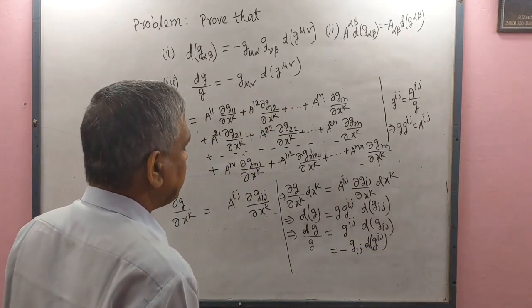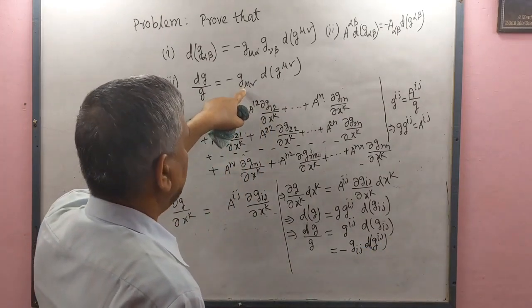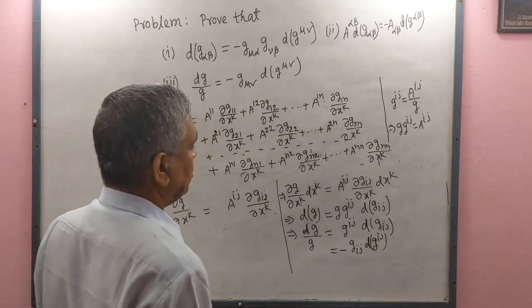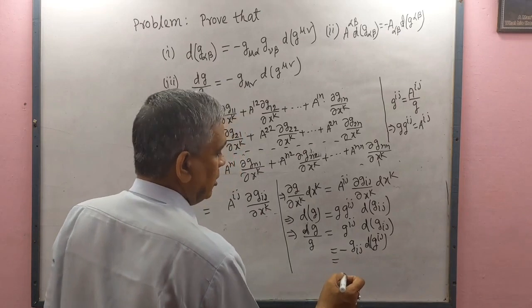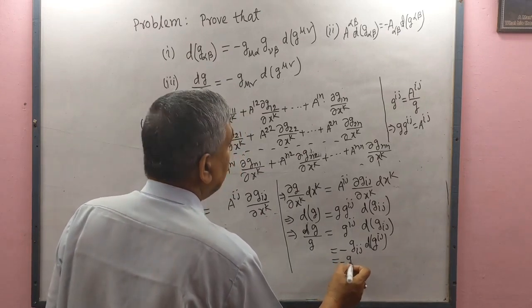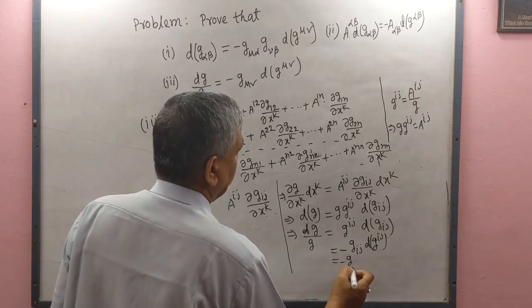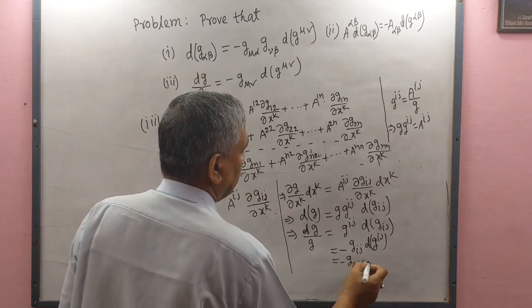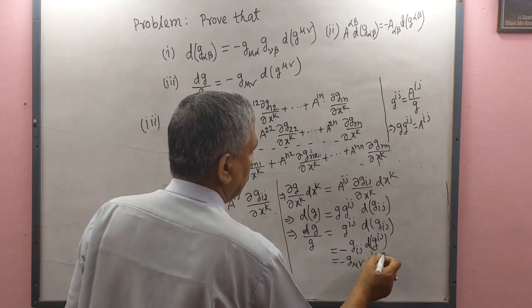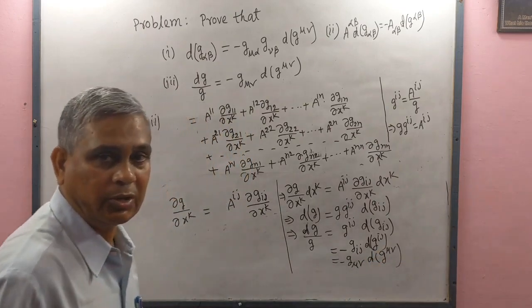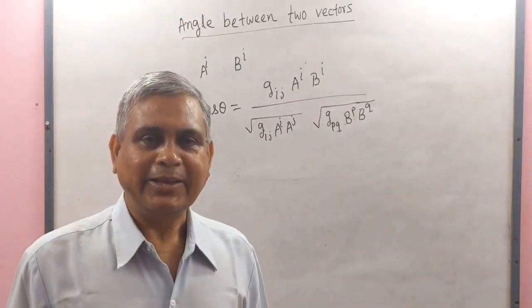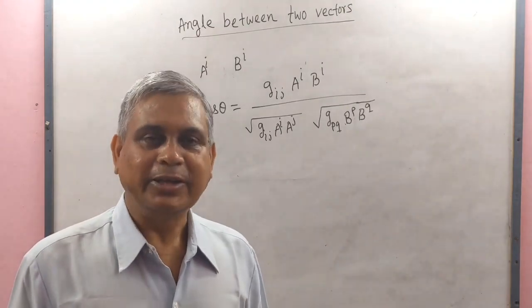Replacing the dummy suffix i by mu and j by nu, we will get the value of this as minus G mu nu into d G mu nu. Proved.